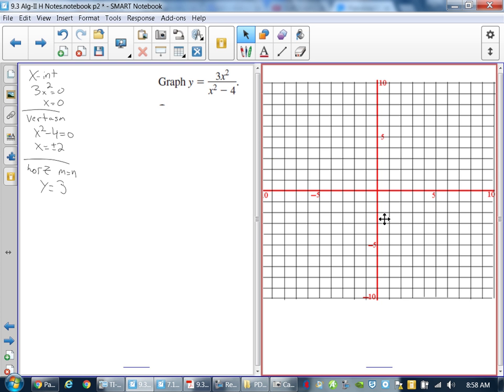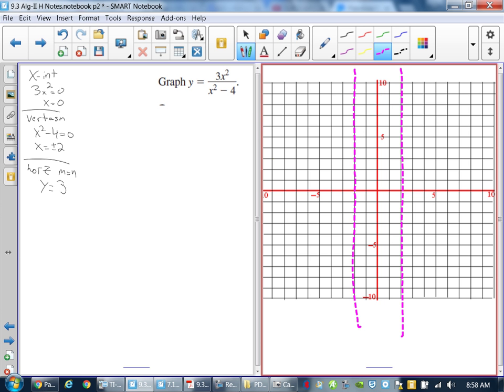Vertical asymptotes at plus and minus 2. Horizontal at 3. X-intercept at 0.